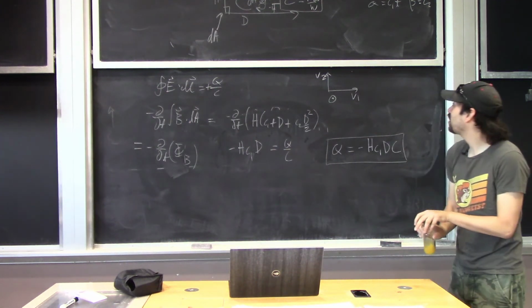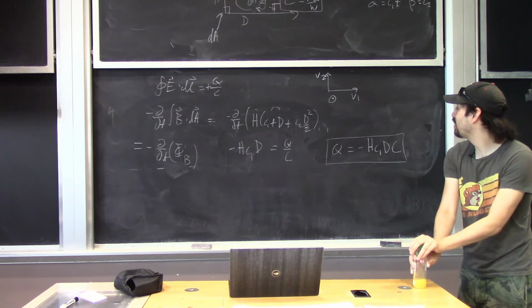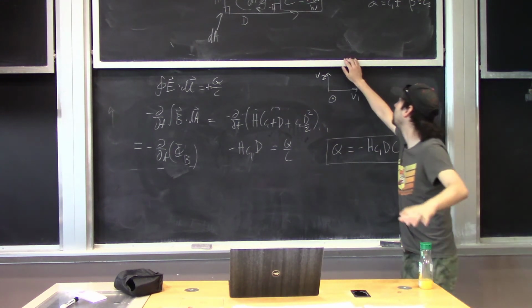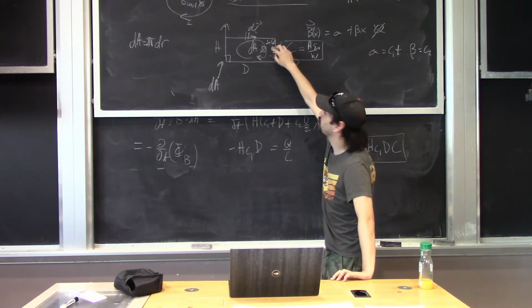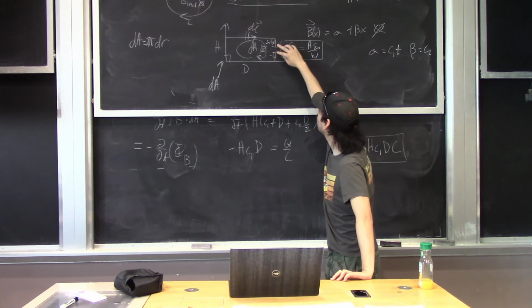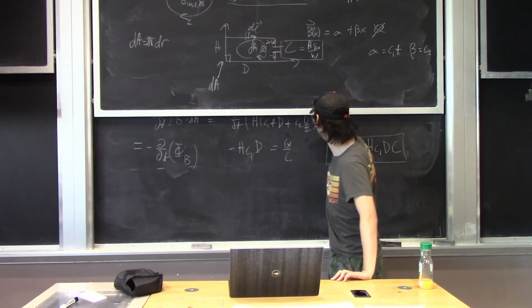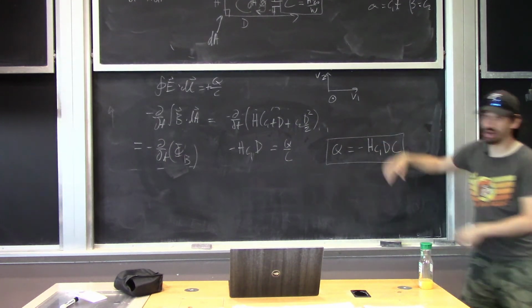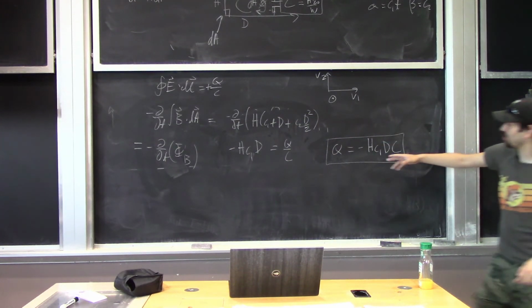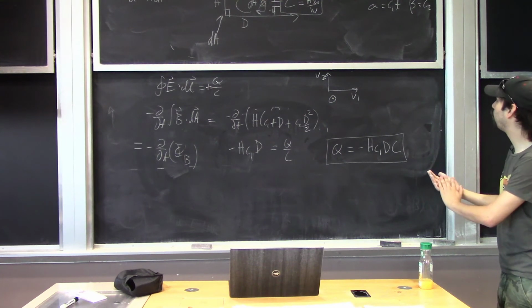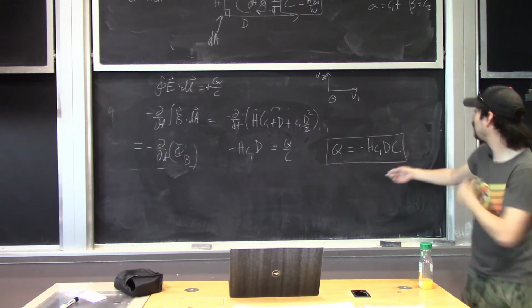Right. So here, for this particular problem, I had to make a choice to say that either this was plus Q or minus Q. I could have said this was minus Q and made this plus Q, in which case my answer would be positive. But that doesn't really tell me which way it should have been. I mean, in this case it does.